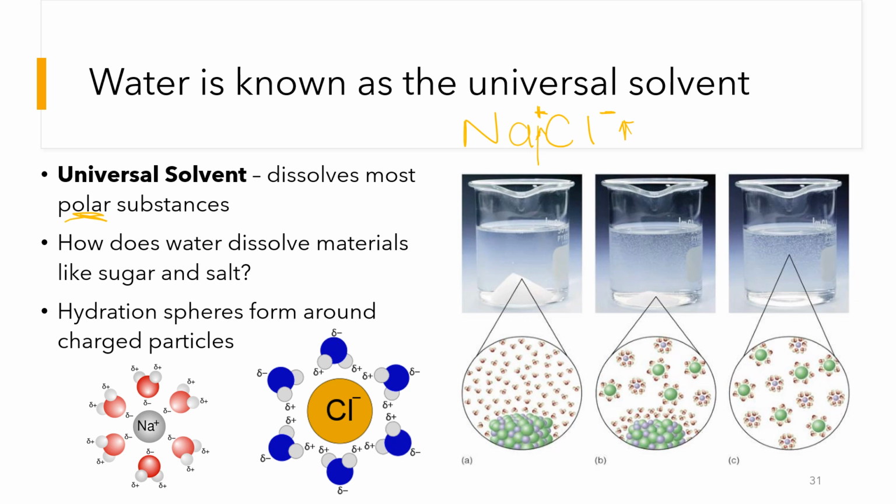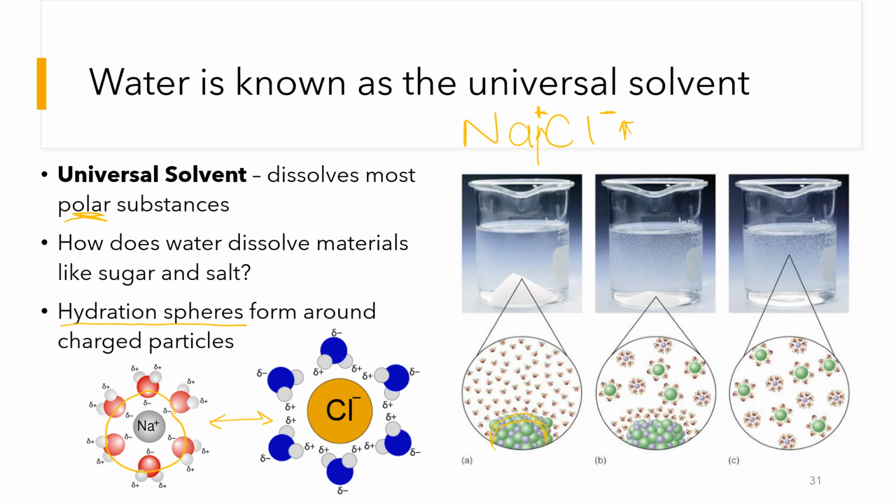And what they do is they form these things called hydration spheres around the ions. So the water will actually start to be attracted to the positive and negative areas, and it will start to pull them away with their hydrogen bonds from each other. So the sodium and the chlorine will be separated from each other, and water will form these rings around each individual ion.